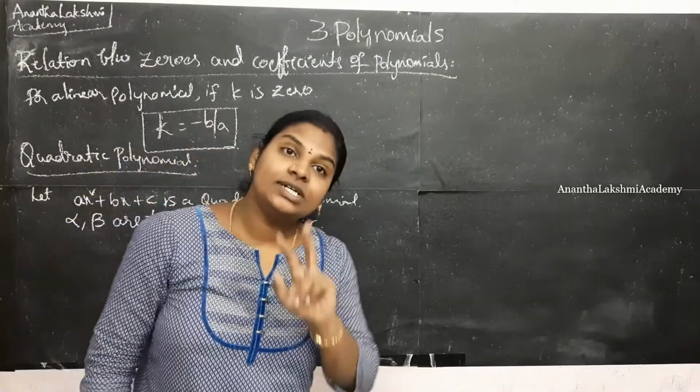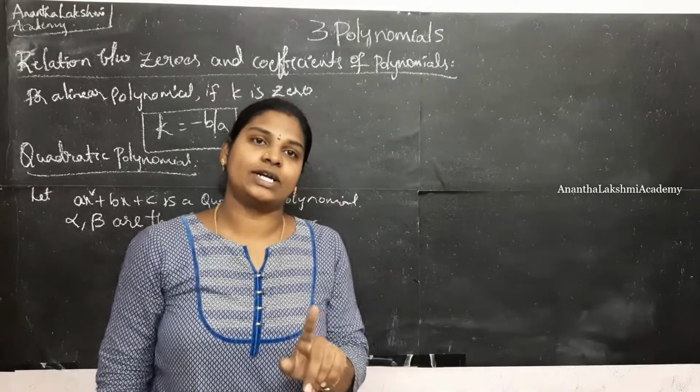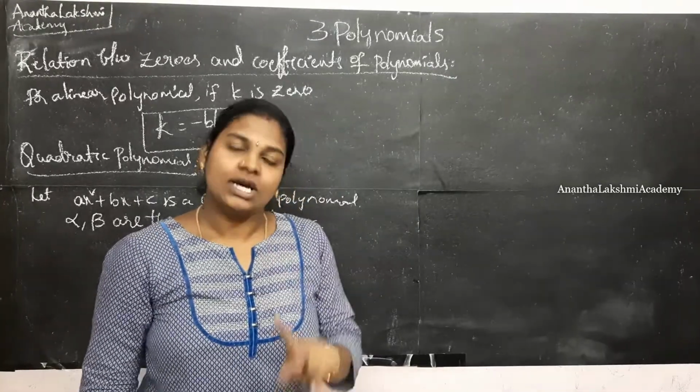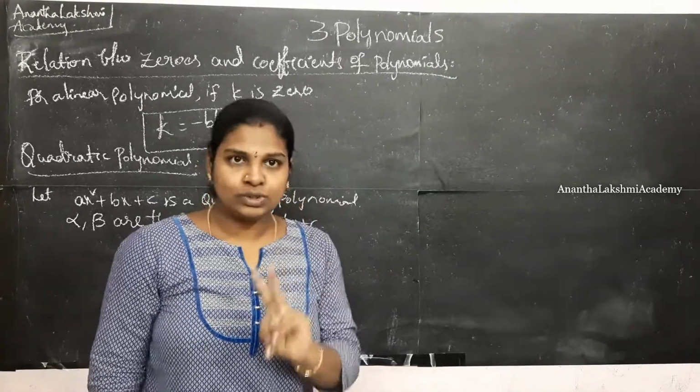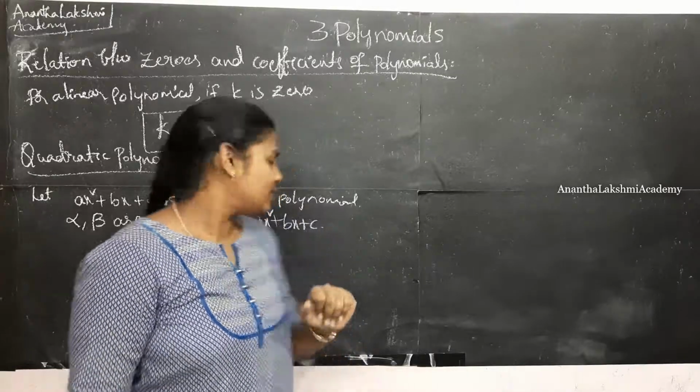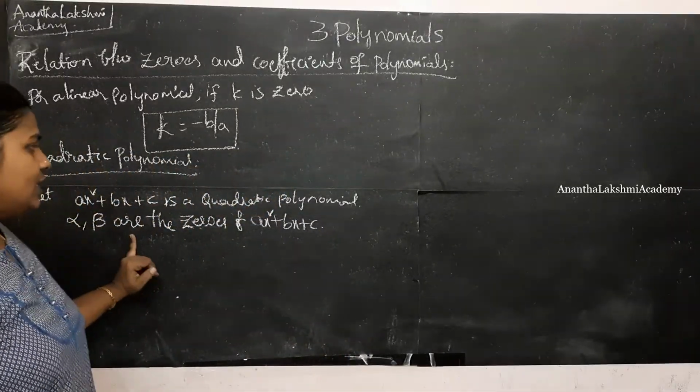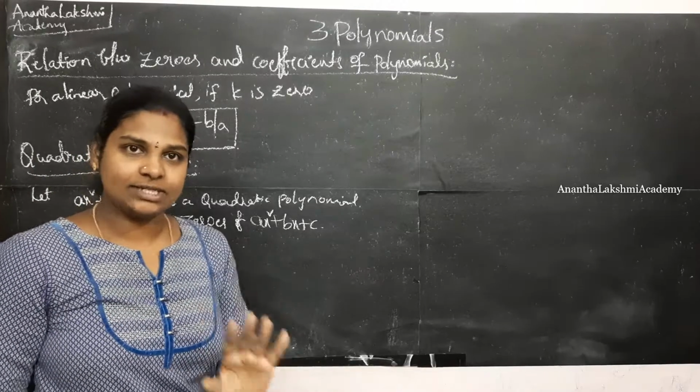Why am I considering 2? Since this is a quadratic polynomial, it will have at most 2 zeros. So alpha and beta are the zeros of ax square plus bx plus c.